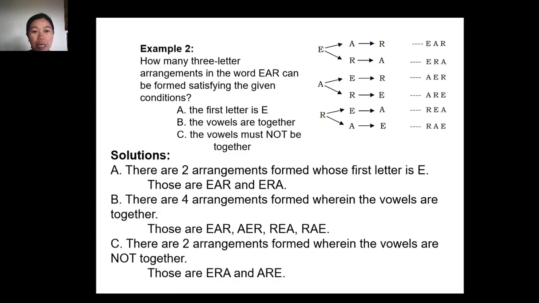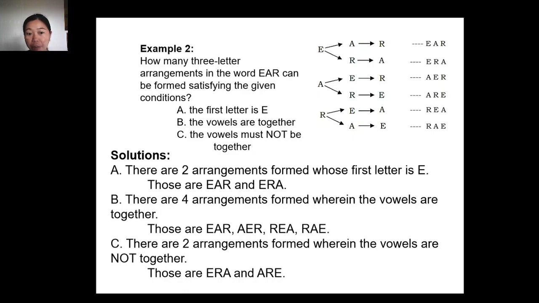Okay, for letter B, the vowels are together. So, hanapin natin yung result na yung vowels ay magkatabi. And that is the answer for letter B. There are 4 arrangements wherein the vowels are together. So, asan yung results na yun na the vowels are together?